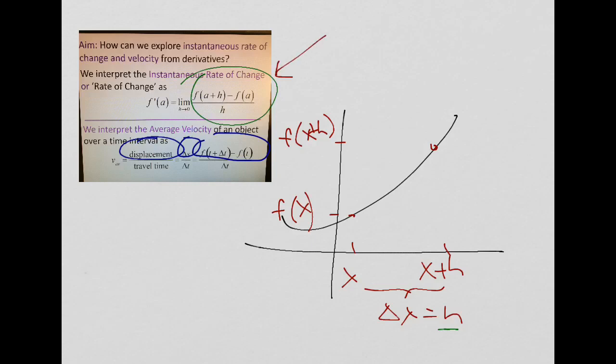But if they ask for the instantaneous rate of change, that means that it's at a particular point. It's not between two. So if it's at a particular point, it's basically asking for the slope of the tangent, which means we need our derivative. And so an instantaneous rate of change, or just plain old rate of change at a point, we need to take the first derivative.